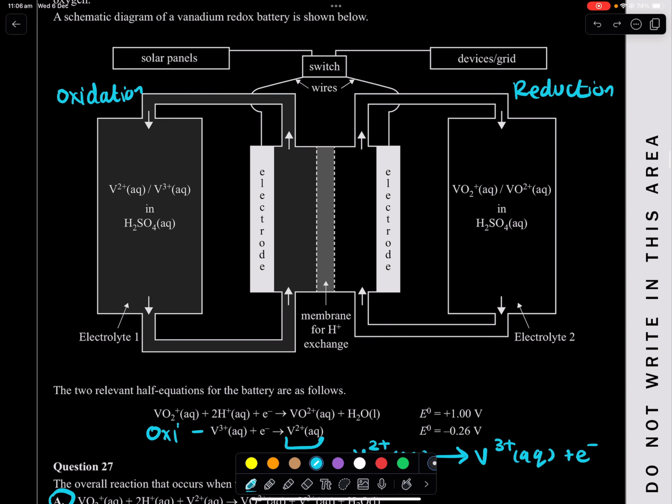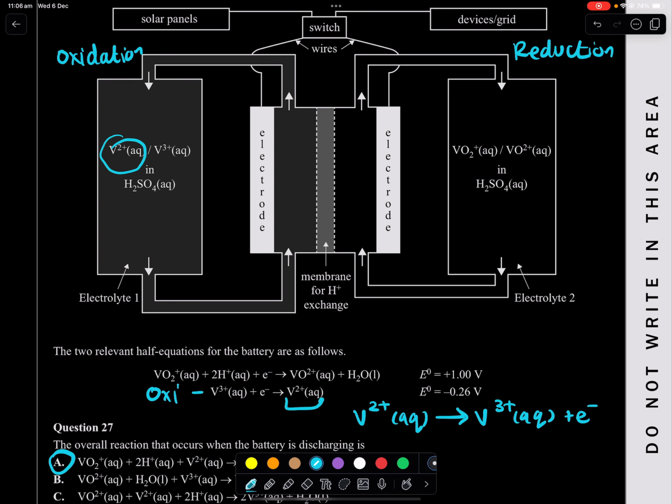But if you look at this, they are in the same oxidation vessel. So if we're starting with V2+ and creating V3+, this V3+ is also going to go through oxidation.